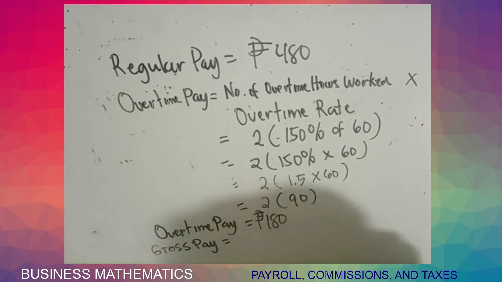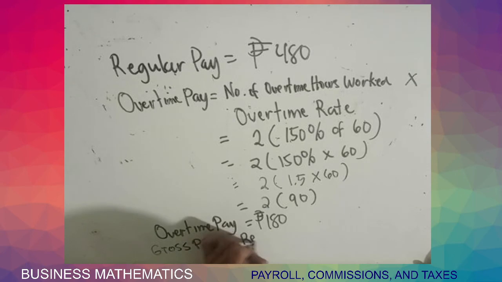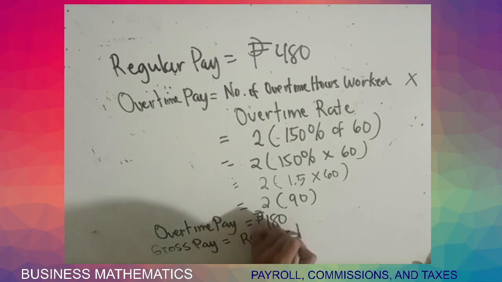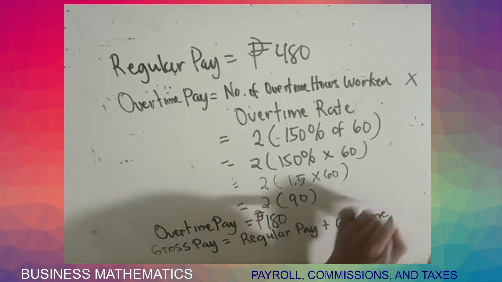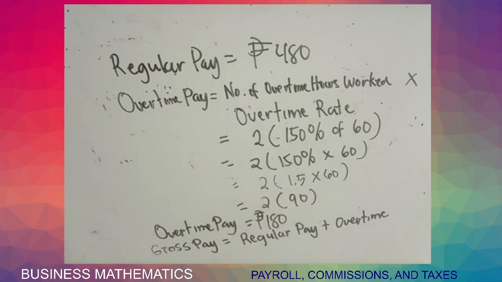Di ba ang formula for getting the gross pay will be regular pay plus overtime pay. Okay? So, ang value ng ating regular pay will be 480 pesos plus the overtime pay which is 180.